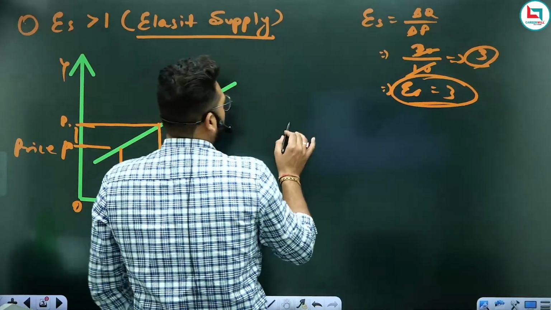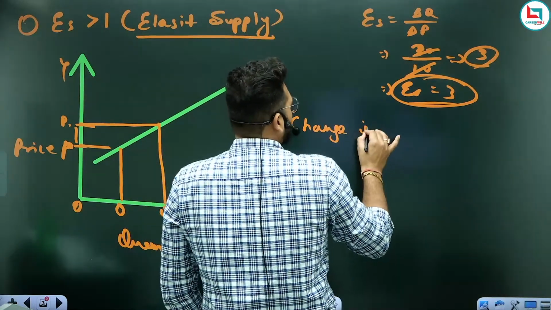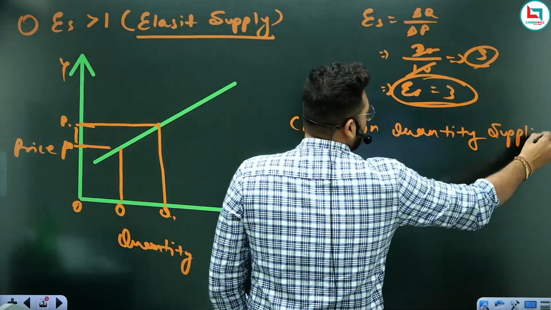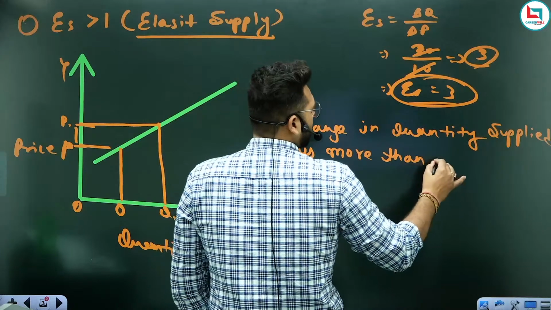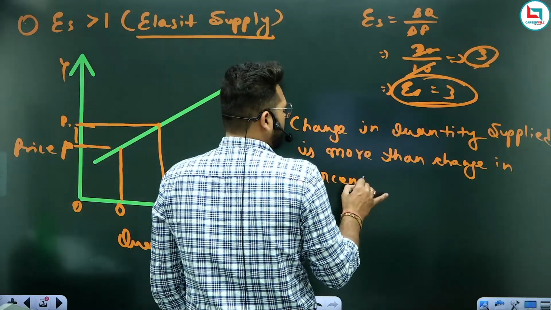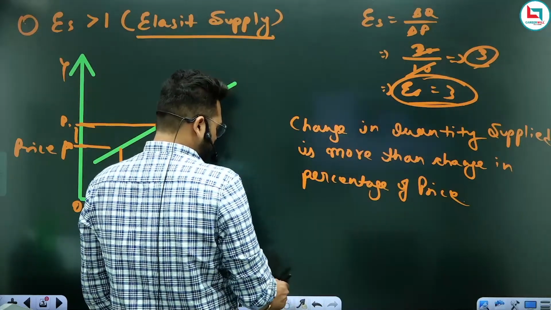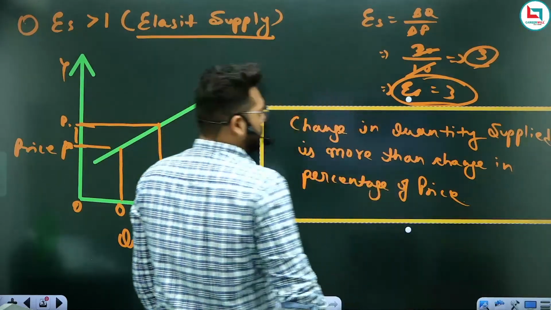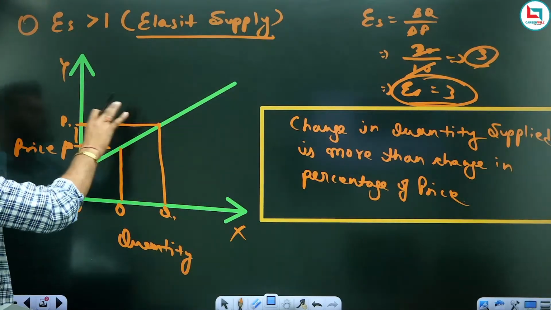We can write here: the percentage change in quantity supplied is more than the percentage change in price. So this is the situation when the change in quantity supplied is more than the percentage change in price, and you can answer that this is called elastic supply.